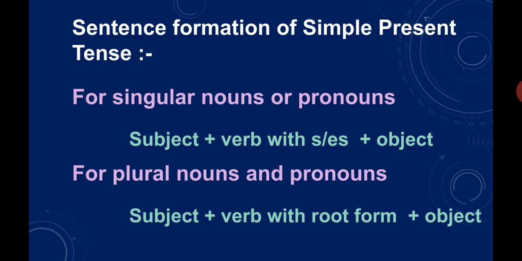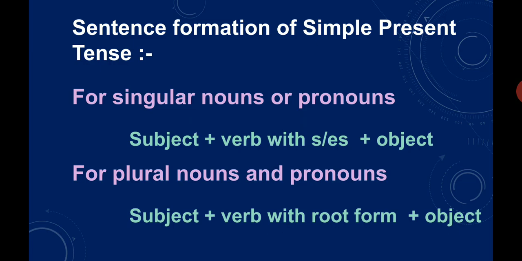So, these two slides show the verb with S/ES and the root form of the verb. This rule will help you identify the form of the tense, how to identify the simple present tense from sentences.